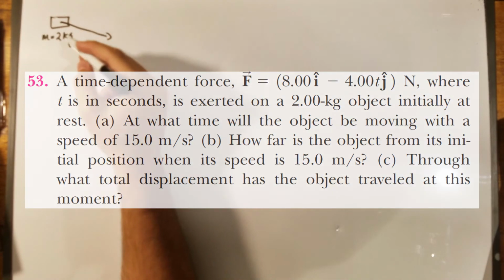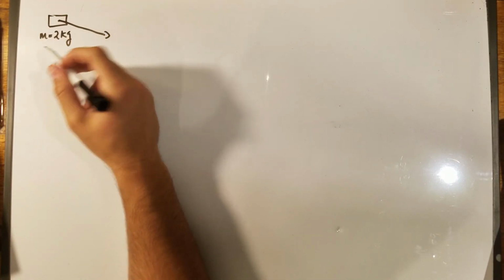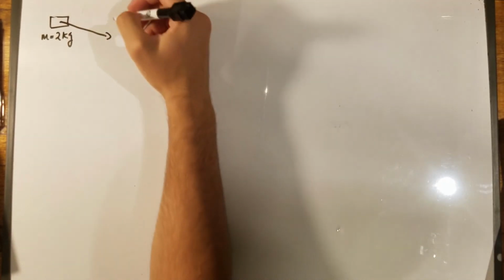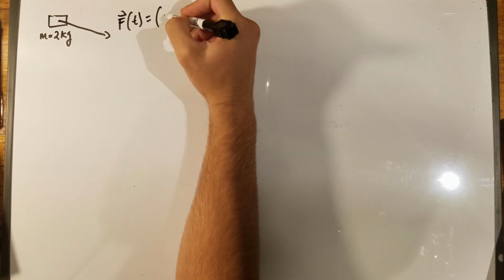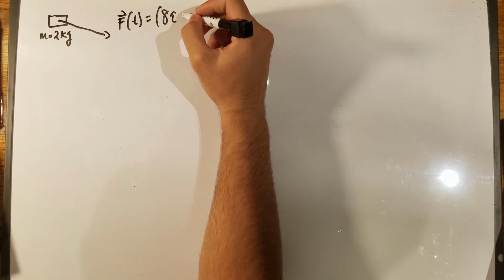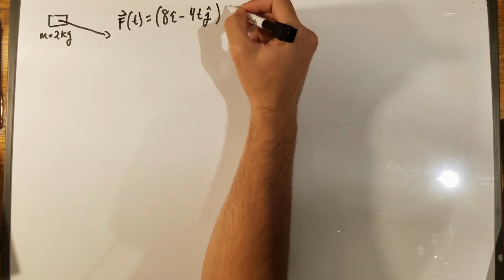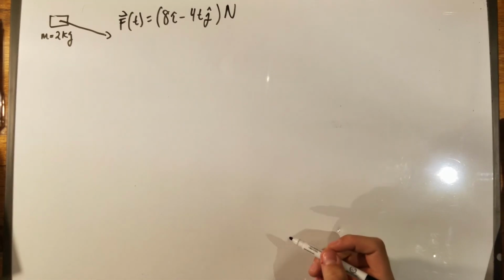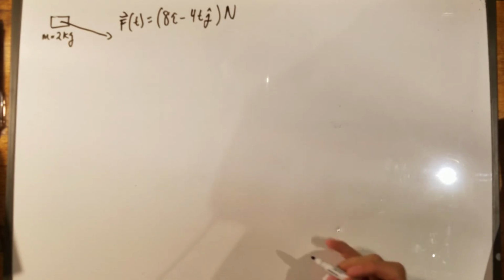So here we have our object, it's just a box, and its mass is 2 kilograms, and its force as a function of time is equal to 8i hat minus 4tj newtons. Part A asks us at what time would the object be moving with a speed of 15 meters per second.